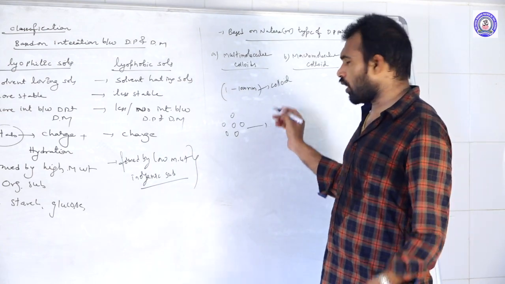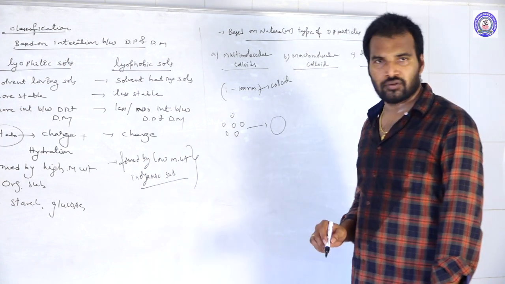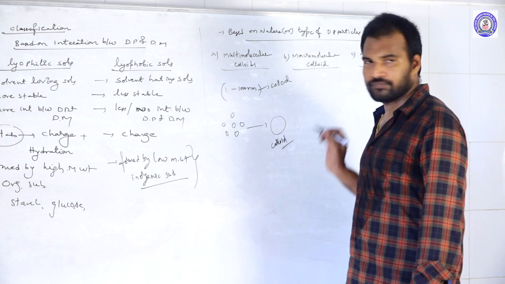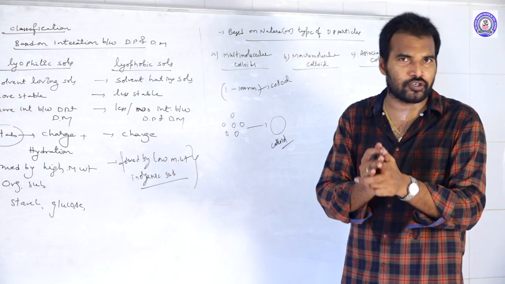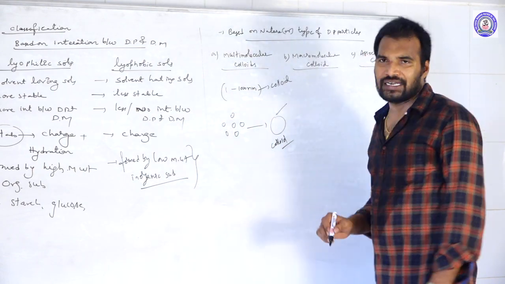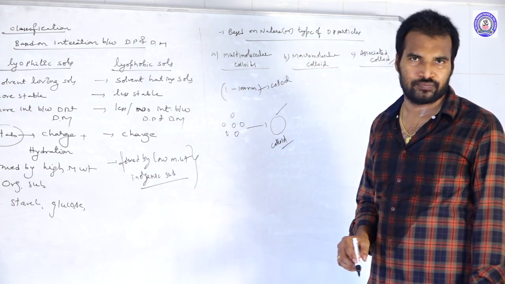They accumulate together and form a bigger particle, which is now in the range of colloidal size. Many molecules associate or aggregate together and form a colloidal size particle. That is why we call them multi-molecular colloids.